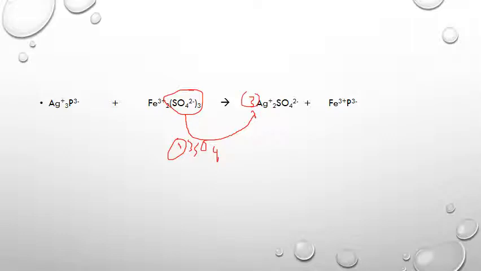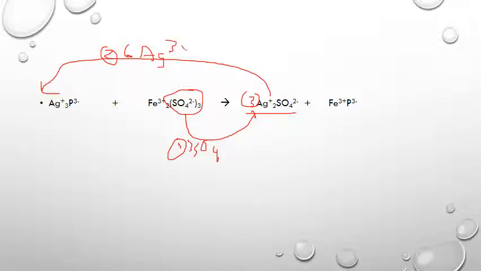So I put a 3 here. Okay, now I need 6. My second step, I need 6 Ag's. 3 times 2. So I need to put a 2 here. Okay, 2 Ag.